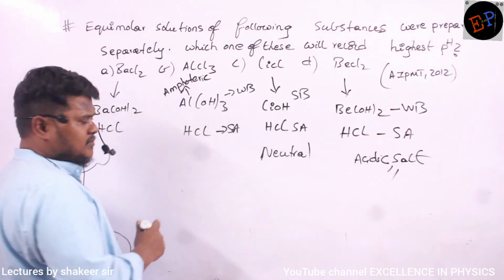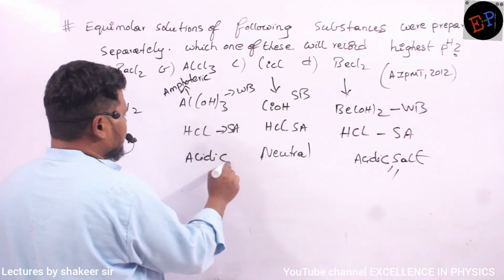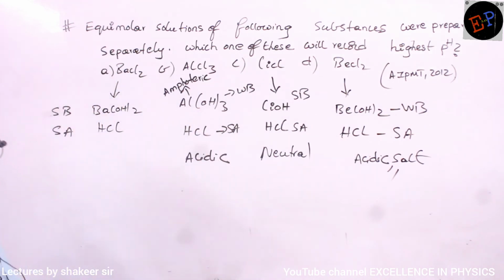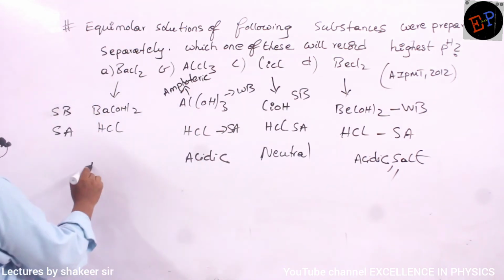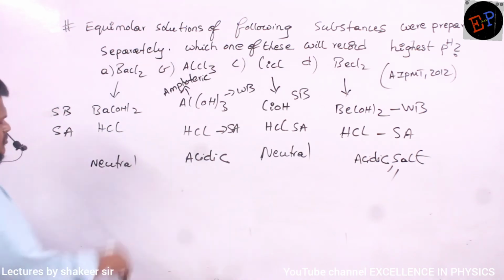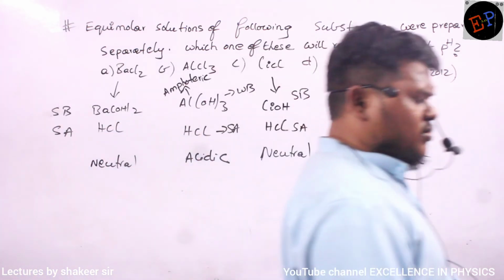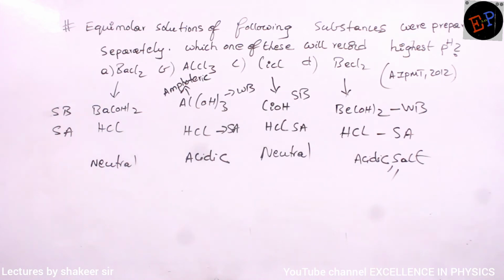So again it is an acidic salt. Now Ba(OH)2, a strong base with a strong acid, is also neutral. So I got two neutral salts and two acidic salts.